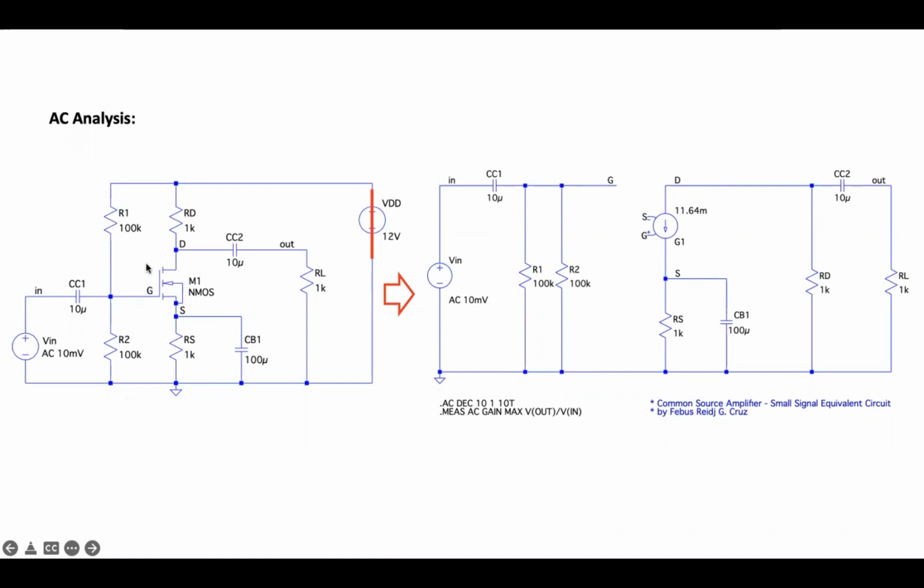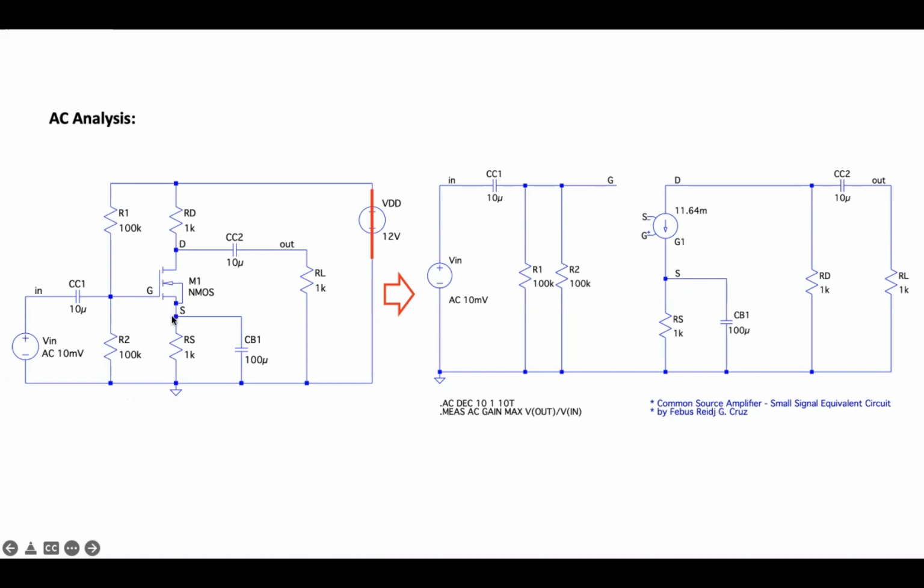Then for the transistor, in LTspice, I think I used a voltage-dependent current source. This is its symbol. I already included the transconductance parameter equal to 11.64 millisiemens. So you have gate, drain, and source.